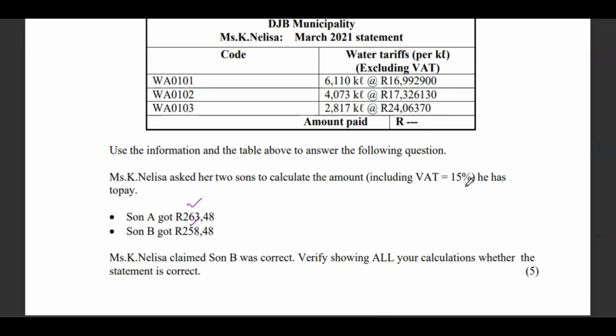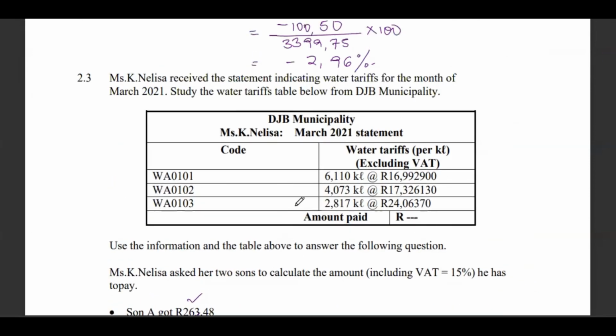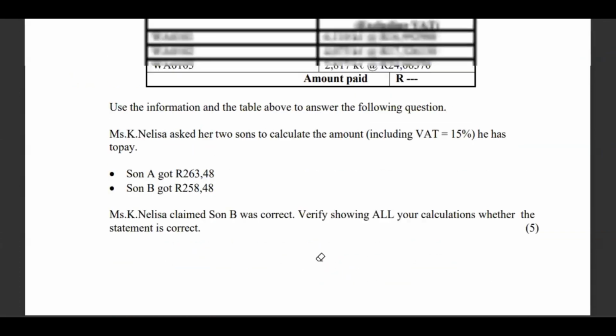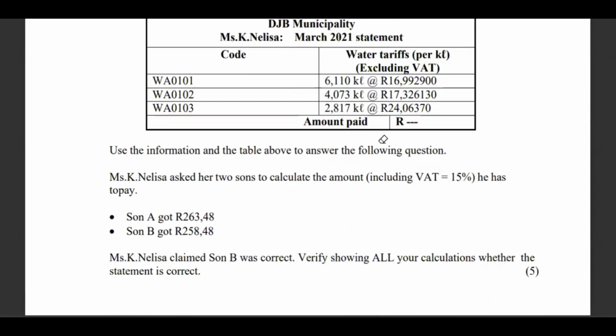Verify. So we need to know which category they belong to. How much are they paying for? All right, we need to know. This is what was given to them. So we need to know for the first bracket how much they pay.